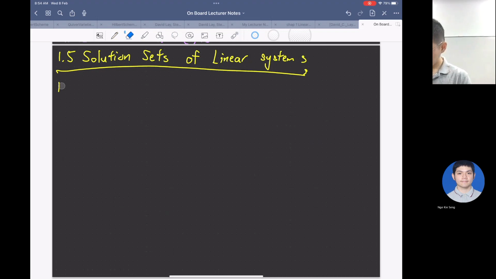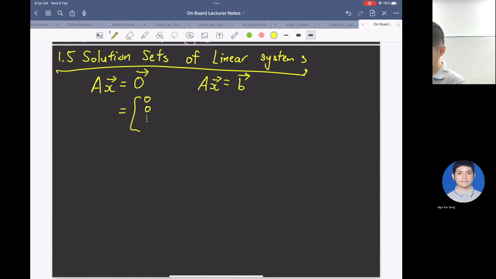When we study the solution set, there are two situations: whether Ax equals 0, the zero vector, or Ax equals b, a non-zero vector or zero vector. As everyone knows, this zero vector is the vector with 0 everywhere. In this case, we call it a homogeneous equation.